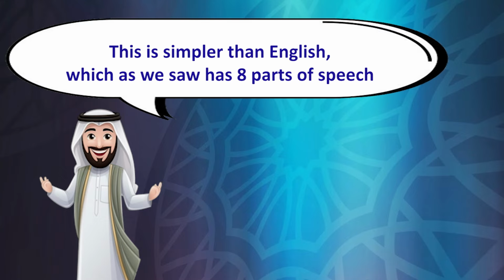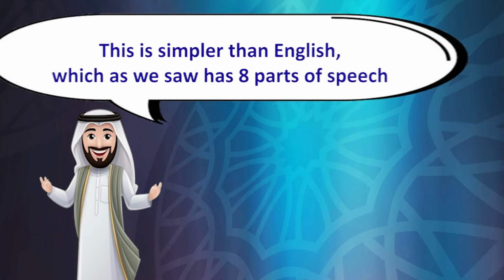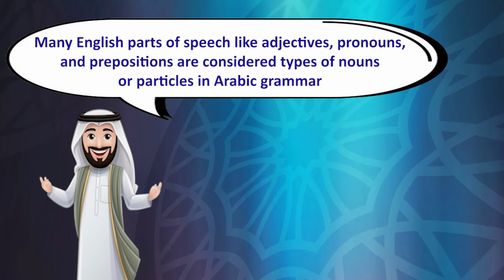This is simpler than English, which, as we saw, has 8 parts of speech. Many English parts of speech, like adjectives, pronouns, and prepositions, are considered types of nouns or particles in Arabic grammar.